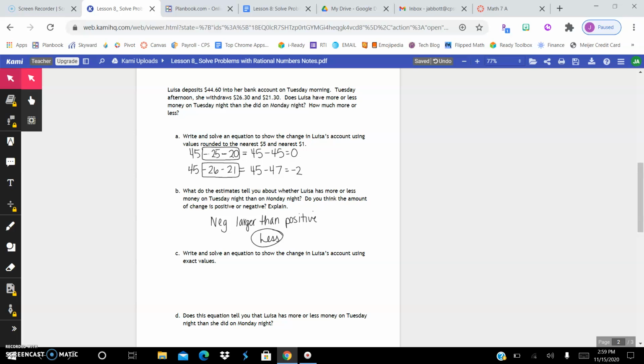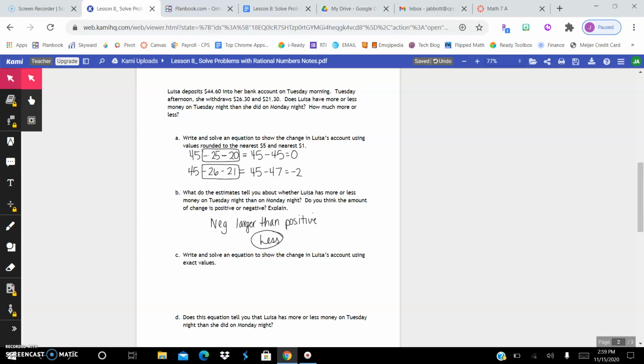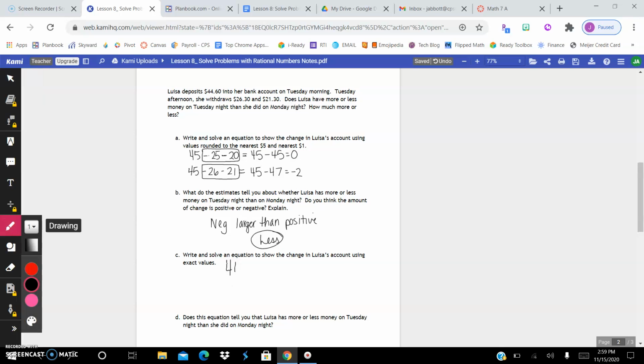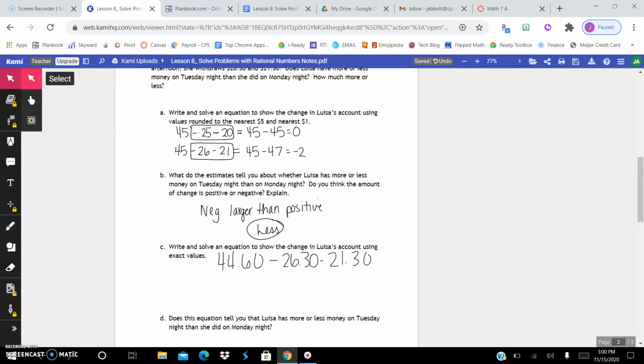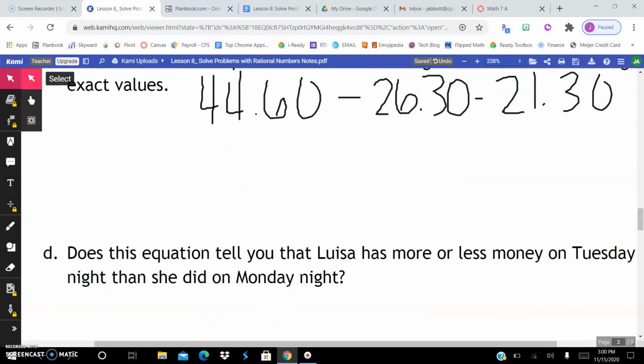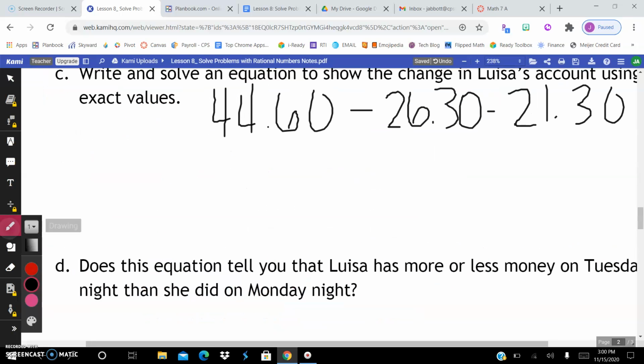So we have 44.60, and we're going to minus 26.30, and we're going to minus 21.30. So again, I'm going to put those two negative numbers together. I'm going to add those. So 26.30 and 21.30.